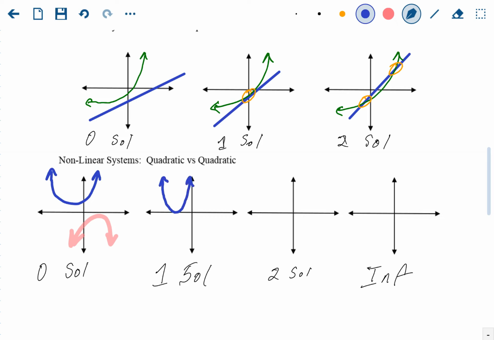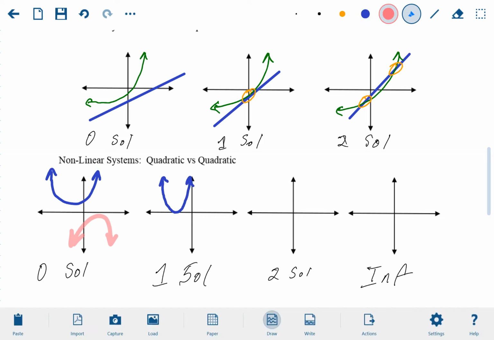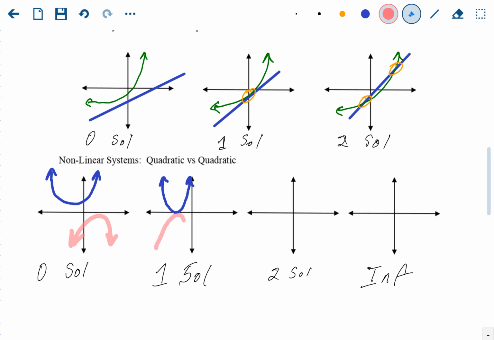You could have one opening up, one opening down, and they share the same vertex. Or you could have them on the same, their vertexes have the same y value, and they have the same a value. So it's possible to have this as well. Okay. So those are only going to cross once.